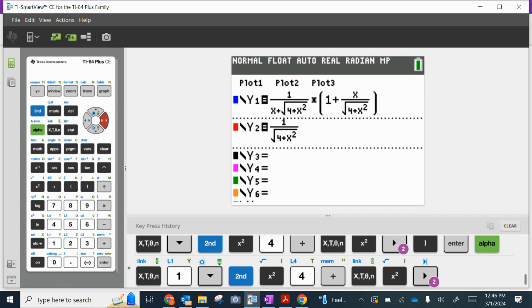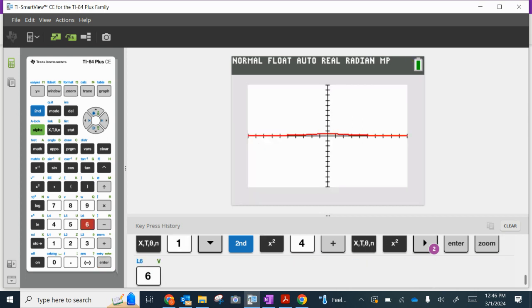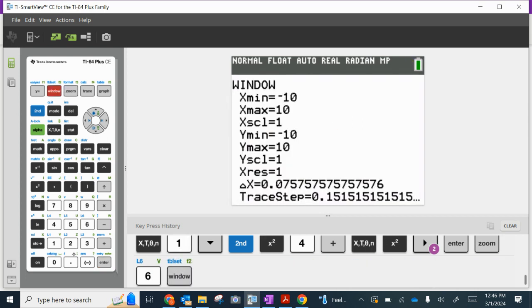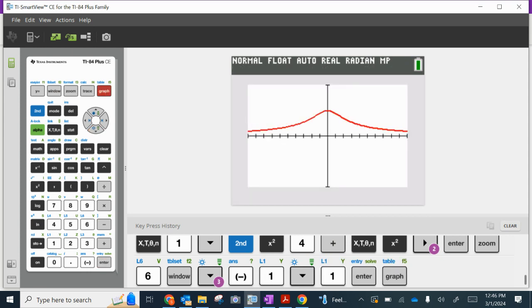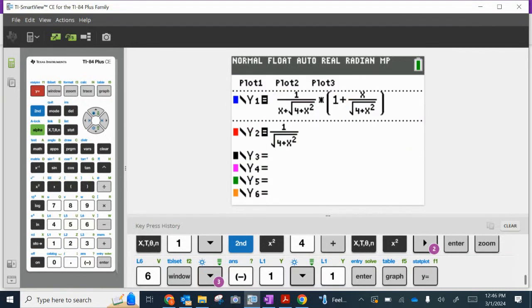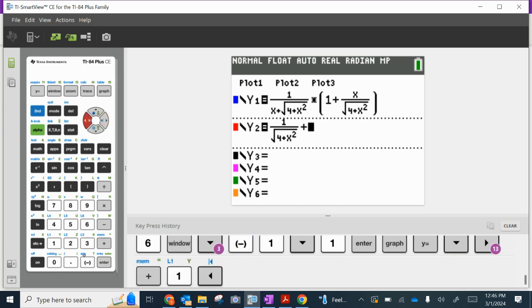So now if I graph, let's pick a better window. I don't need my y's to be as big. Let's go -1 to 1. And now graph it again. Do I have the same derivatives? It is possible that when you did this, let's go plus 0.1.